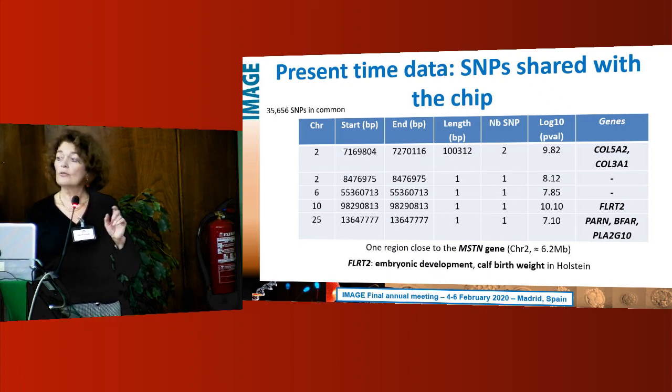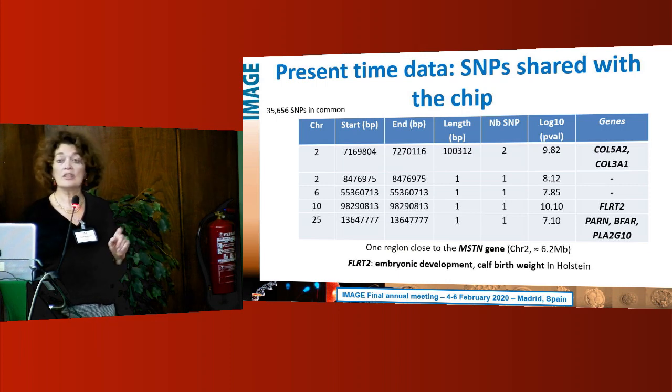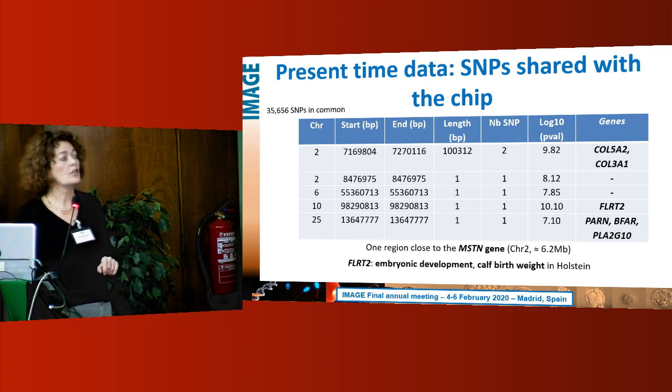So this is not normally included in the Illumina or in the Affymetrix chip. So we are not going to find the SNP because it's a deletion, but we find the surrounding loci which are in the region.